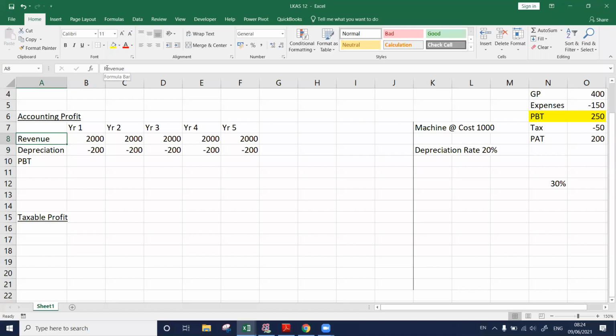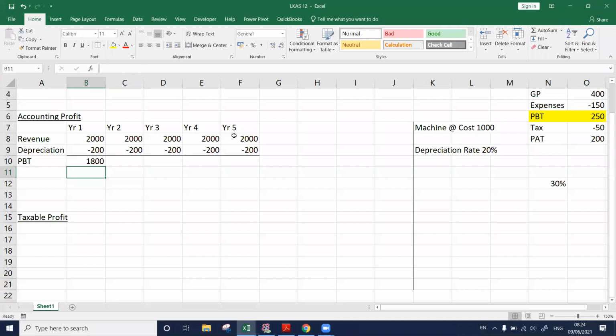Revenue minus expenses. 2000 minus 200, 1800. For the whole 5 years, we have a profit before tax of 1800.